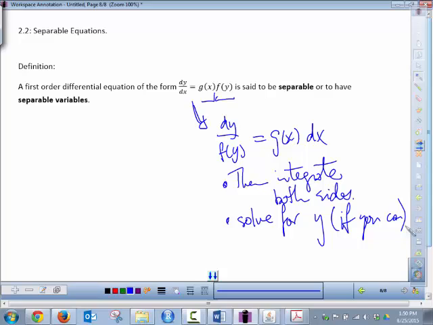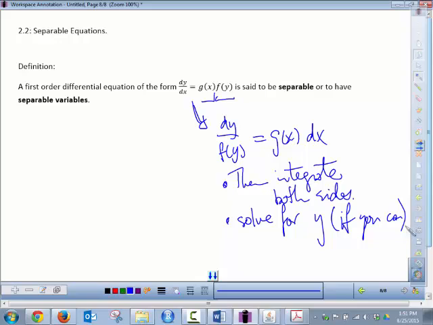So there might be some times where you're not going to be able to solve for y, in which case, what is it called? You're trying to get y by itself, and you can't. And so what is it going to be? Last lecture. The other one, implicit. If you're able to solve for y, then you have an explicit solution.